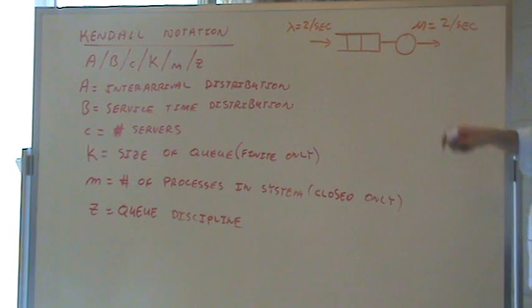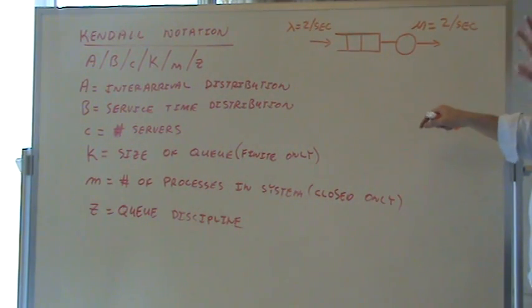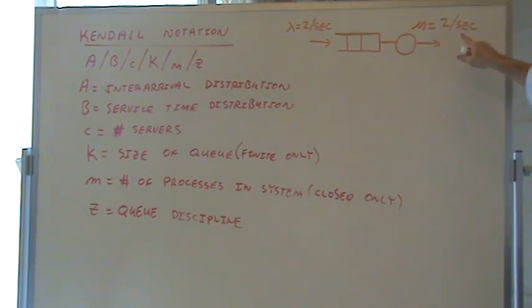I'm sorry, two per second. It's not that it takes a quarter second, so that would be 0.5 second for each one, right? That's one thing we want to get used to, the reciprocal relationship here. If it can do two per second, it on average takes 0.5 second per service, right?